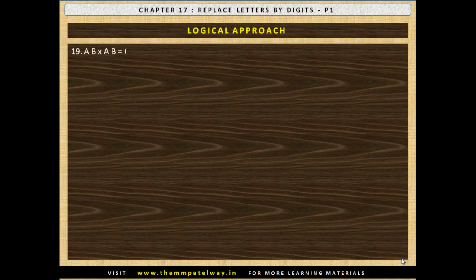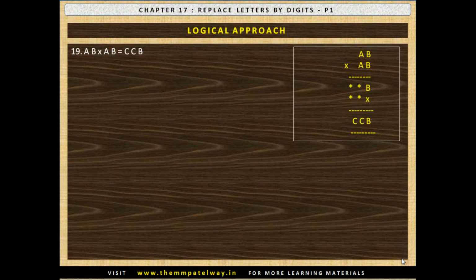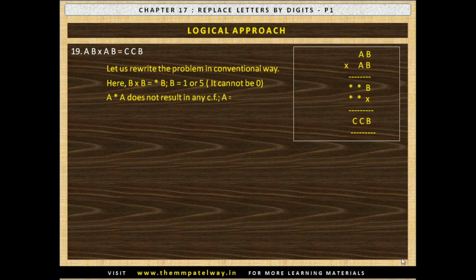19. AB into AB equals CCB. Let us rewrite the problem in the conventional way, that is AB multiplied by AB. Here B into B equals star B, and therefore B will be equal to either 1 or 5. Naturally, it cannot be 0. Now A into A does not result in any carry forward.